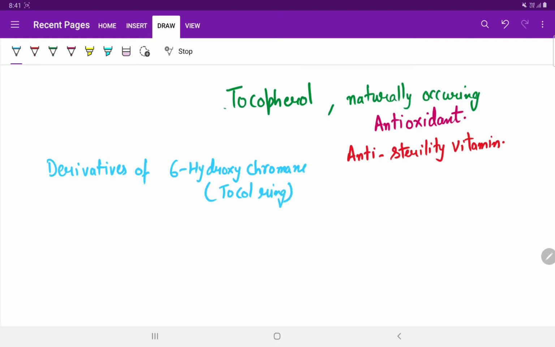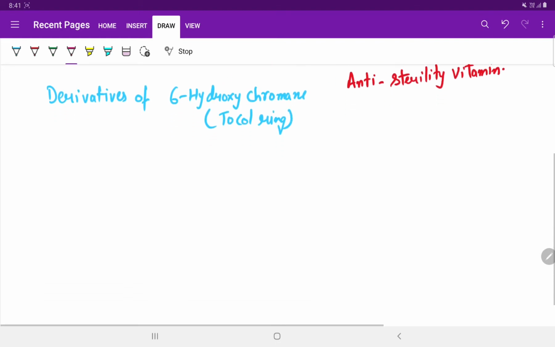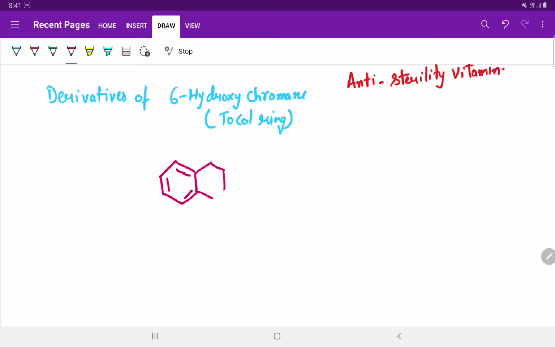So what is this tocol ring? Let us draw its structure first. It is a ringed structure containing two cyclic structures, one of benzene and one containing the oxygen. So you don't get confused, let me draw it with a different color.